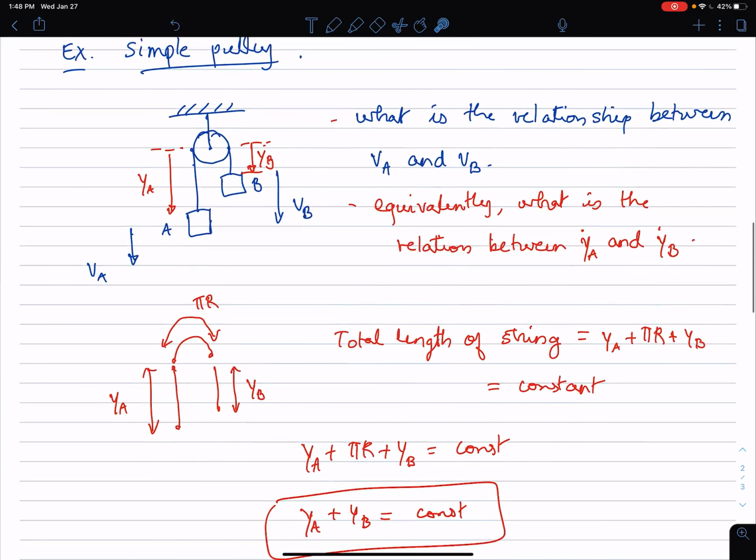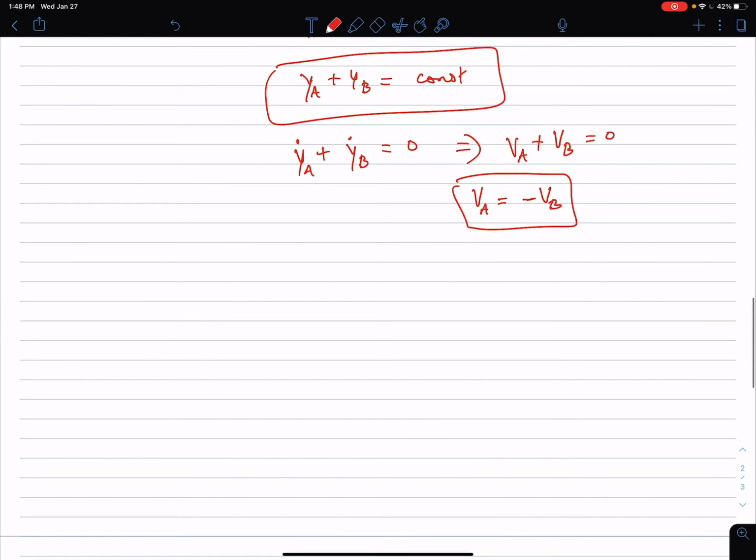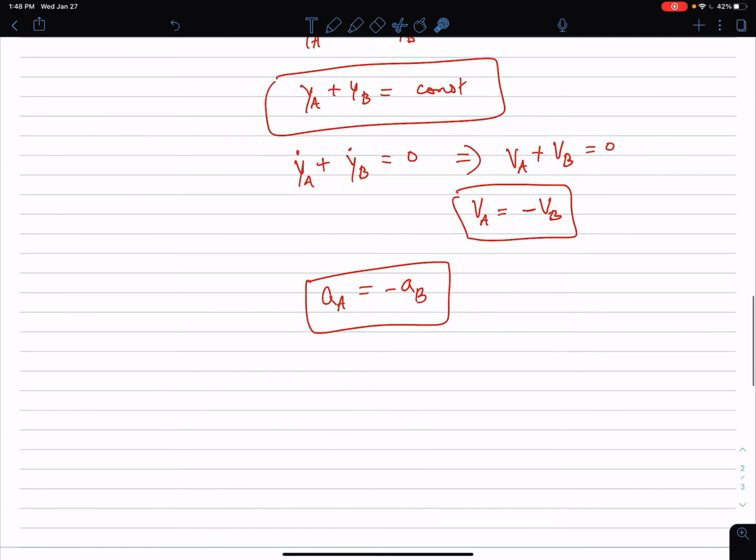It says that if this object moves down, this object moves up. In other words, VA and VB are negatives of each other. Similarly, AA equals minus AB, so the acceleration of this object is the negative of the acceleration of that object, and vice versa. Okay, let's stop there.